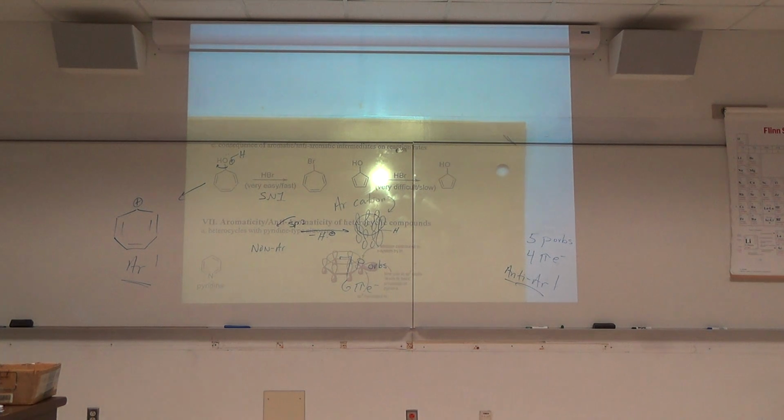I don't know if the reaction on the right is actually known or not. But what I do know is it's probably not SN1, and definitely if it was, it's not going to be as fast as this reaction over here. So we saw aromaticity influence acidity, and now we see aromaticity influence reaction rates based on intermediates.